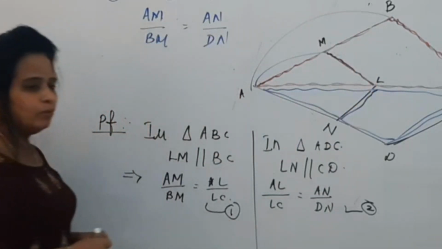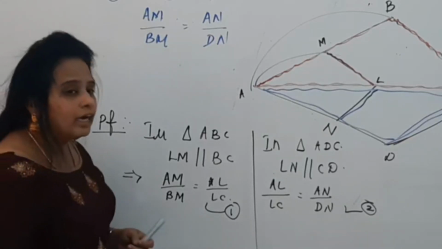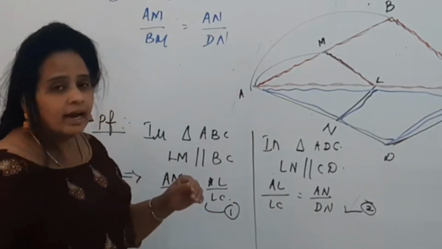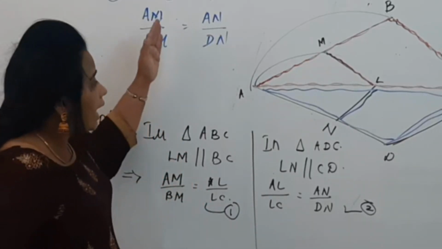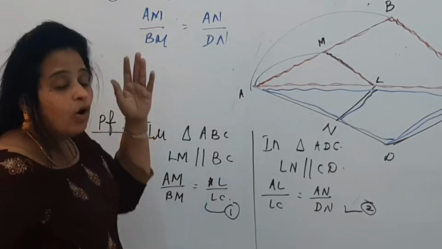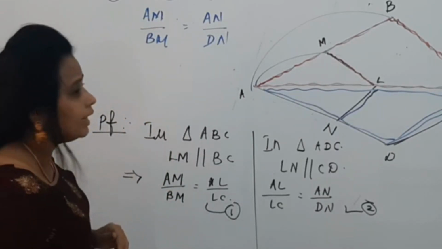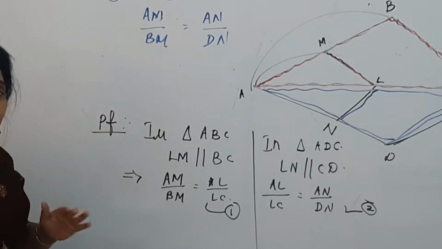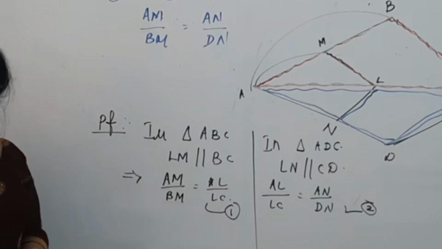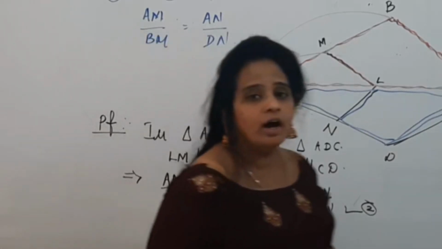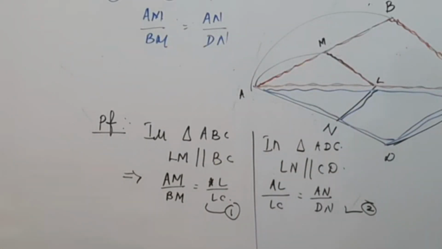In the Thales theorem video, when I was explaining the triangle chapter, I told you that adding one on either side or subtracting one on either side is common. So you have to think about how to add one on the other side or subtract.